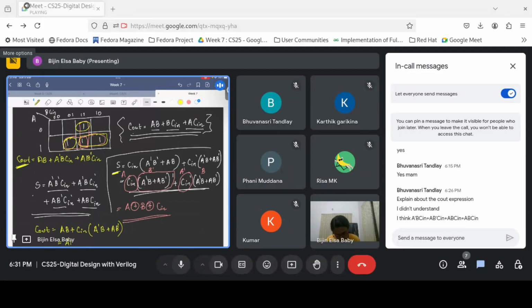So A XOR B plus C. So this is an example of multi-level optimization for a multiple output design. Now we are going to draw the logic diagram.